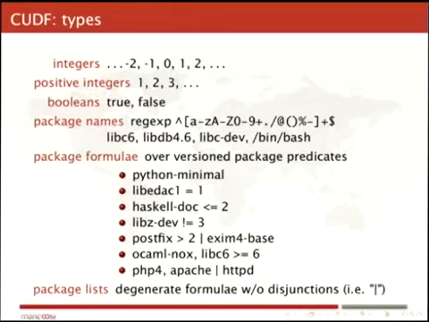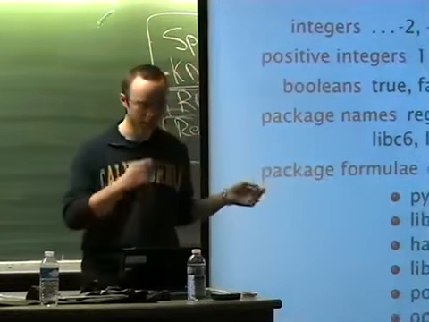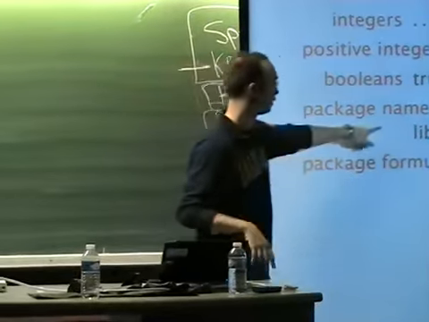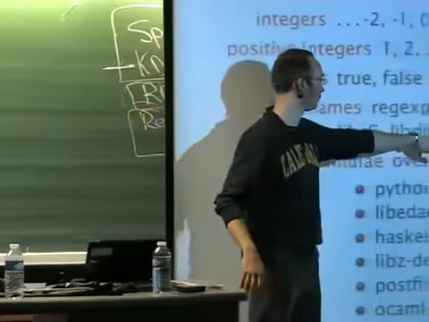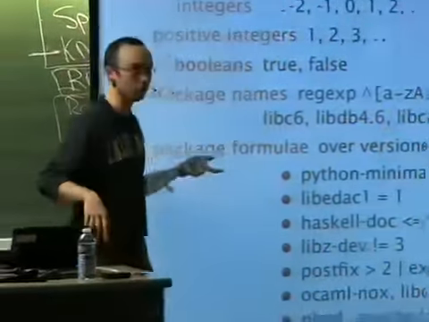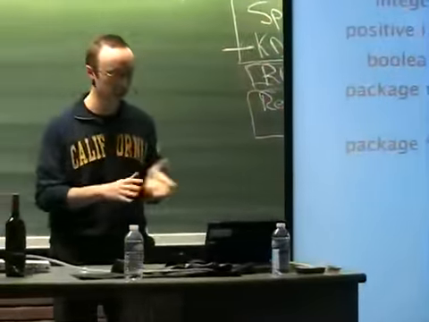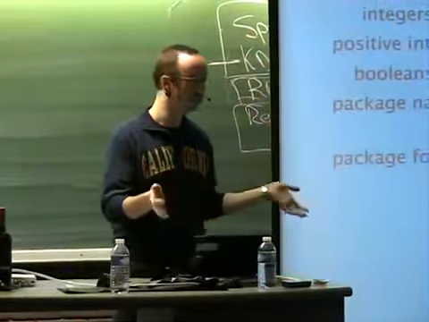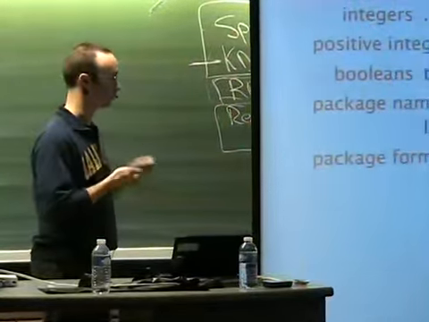And we have package names, which are actually like a union of all possible package names for DPKG and RPM. So this is a very liberal type where you can encode packages coming from both kinds of package managers. So we can have package names like libc6, libdb4.6, and even /bin/bash. This is the only way to support all kinds of package names without having to do some form of escaping.